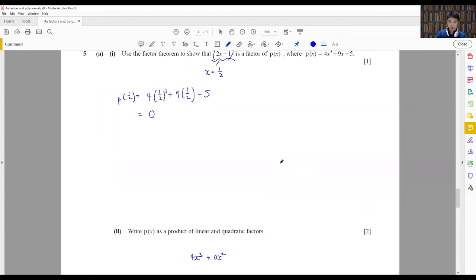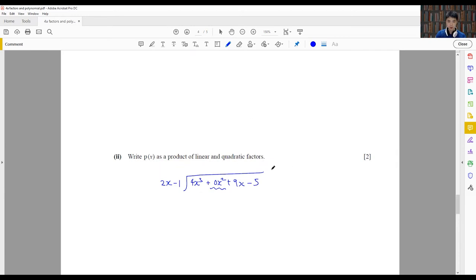Then only do you move on to the next, plus 9x, and minus 5. And only through this method of including the 0x squared here, can you do your long division of dividing it with 2x minus 1 as stated as the factor here.